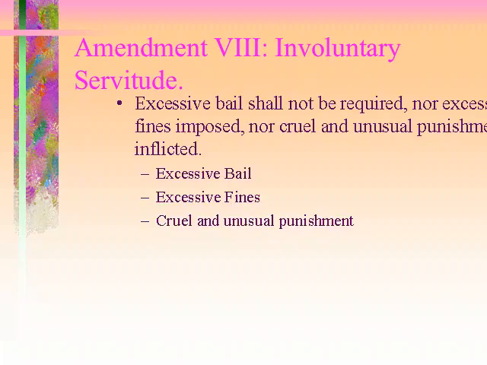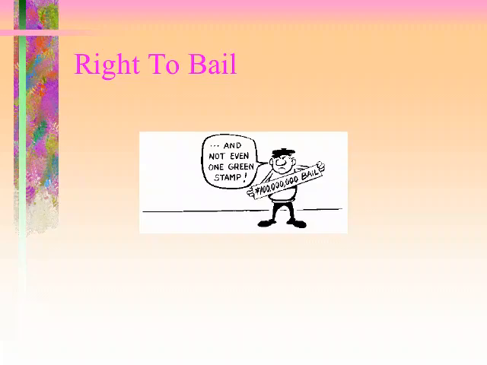Which one would you want to be whipped by? But that's why that was overturned. They couldn't come up with a way of making it the same for each person. Again, quick review: right to bail, no cruel and unusual punishments.